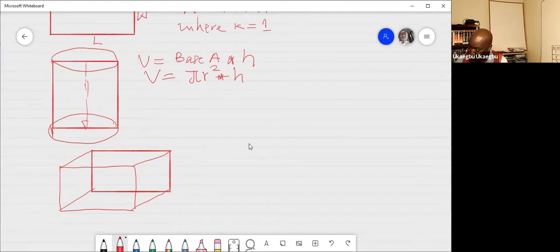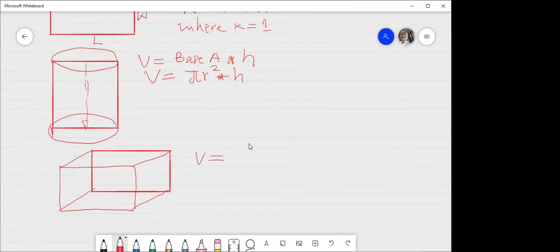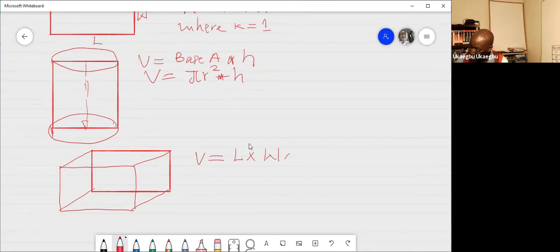So what's the volume of this? The volume of a rectangular prism is length times width times height. In this case, what it means is that the volume of a rectangular prism varies jointly as the length, the width, and the height.